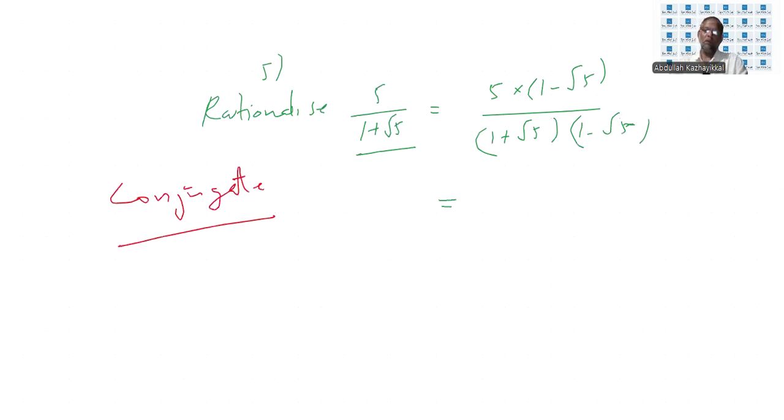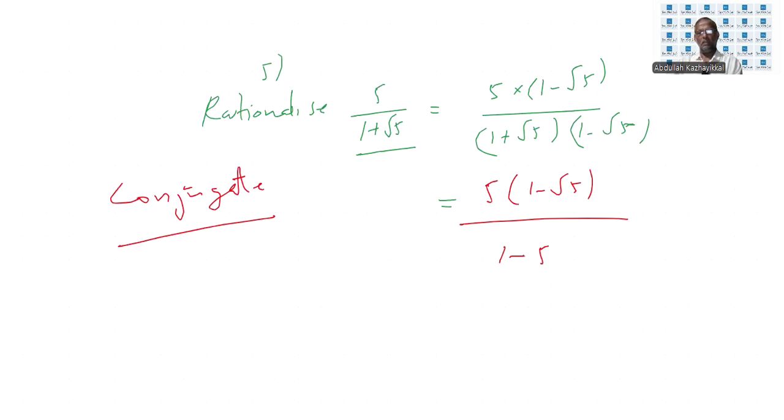In between maybe it will come, I will tell you. So here don't open now. 5 into 1 minus root 5 by 1 minus 5, since a plus b into a minus b is equal to a square minus b square. You studied this before, the fifth identity, I think.